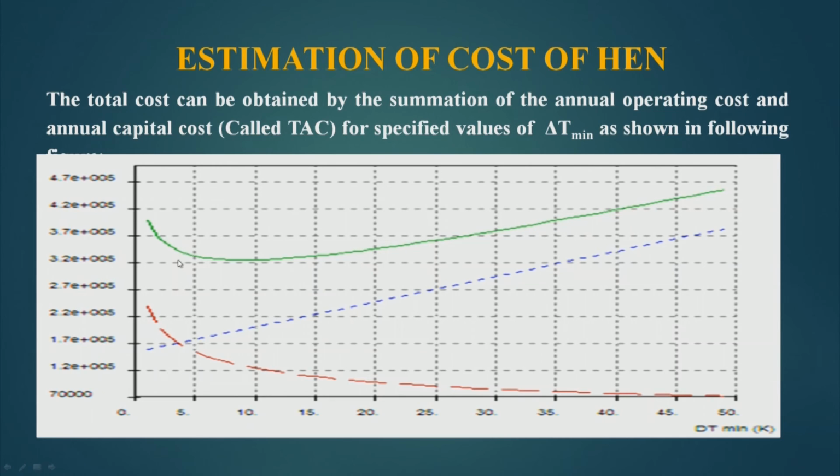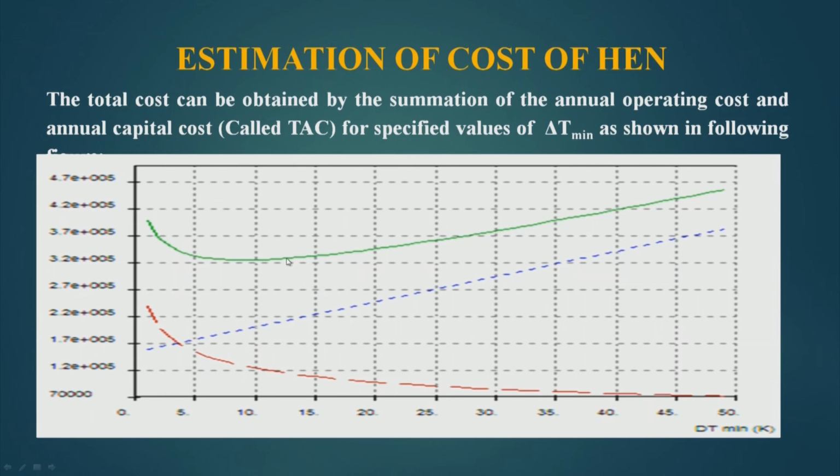When we join these two, that means this height plus this height we sum and put it here, this height plus this height we sum and put it here. Like this, if we sum these two, this height plus this height we add, then put it here.